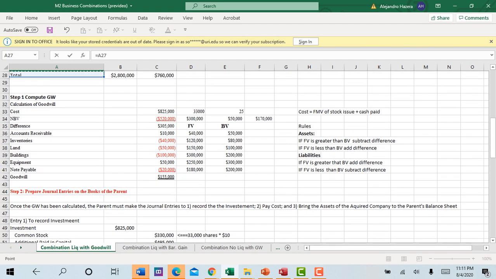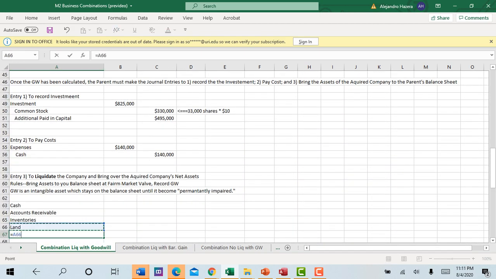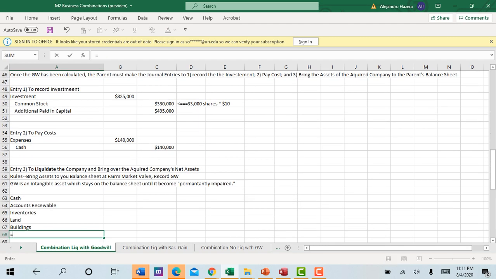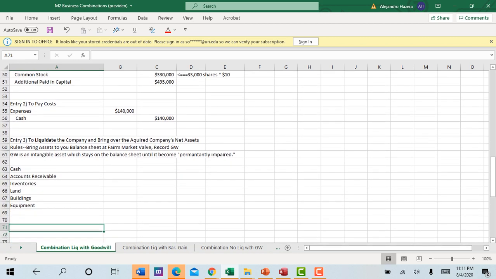So you're going to have some land here. You're going to have some buildings, and you're going to have some equipment. And then, so that takes care of inventory and building equipment. I'm going to leave a blank space, and then you also have to bring over the liabilities, and then write off the investment.